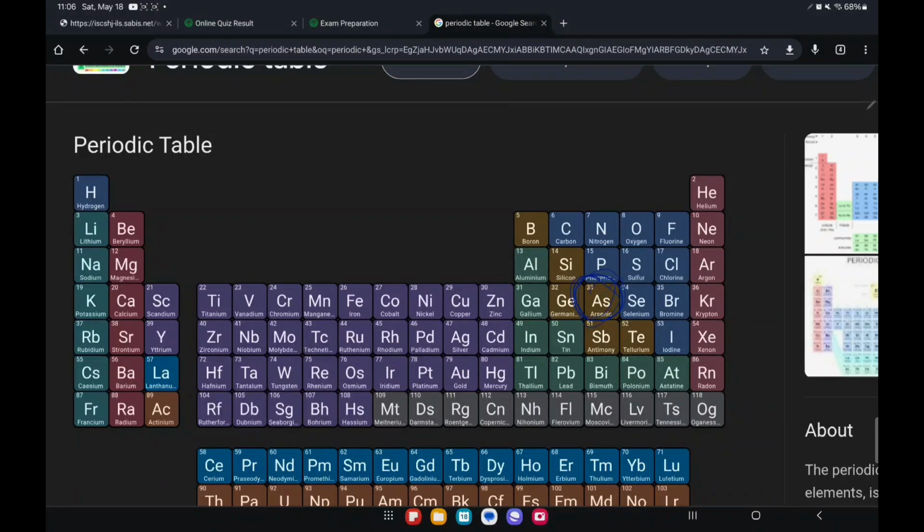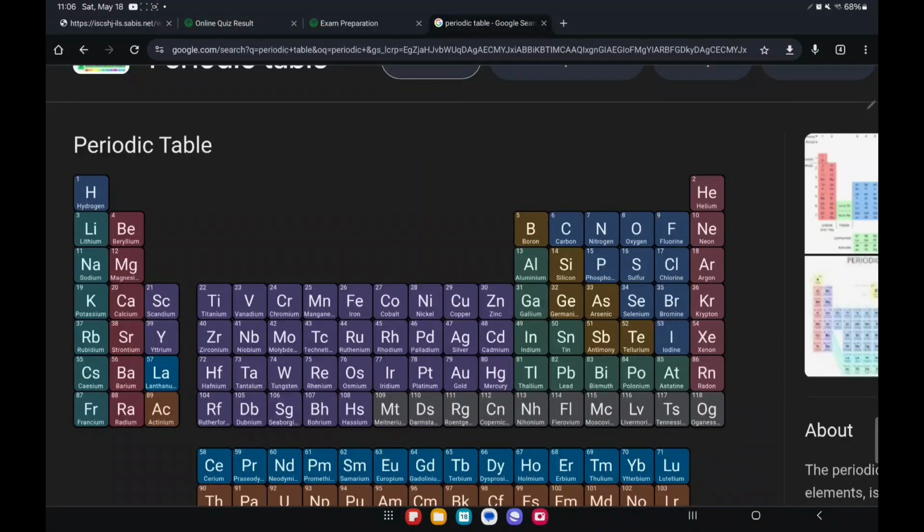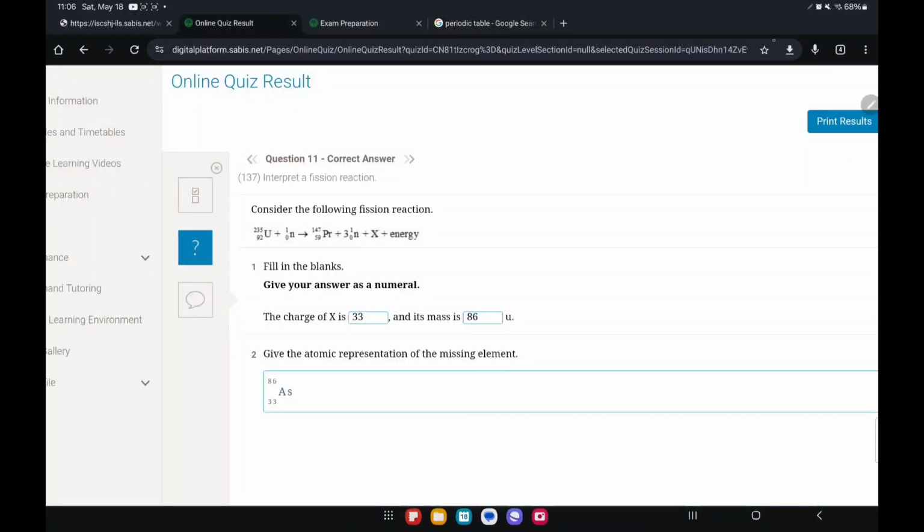So you just take arsenic. You go back to your quiz, and you put arsenic, As. You don't have to write the mass. The mass and charge, you already know it. You just need the symbol of the element, As.